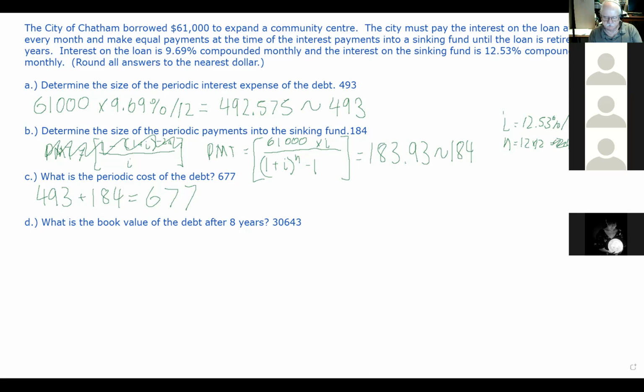So 30145. And that gave us 30855, which is exactly the answer that Moodle wants. So that's good to know.